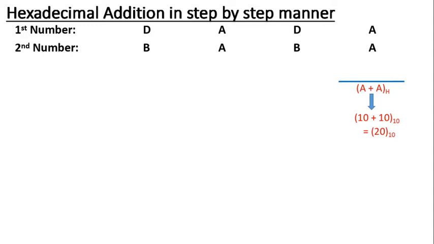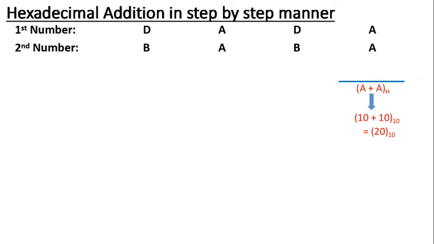But in this process, the hexadecimal digits are converted into their corresponding decimal equivalents. The downward arrow shows their equivalent decimals here, that is 10 plus 10 in decimal.